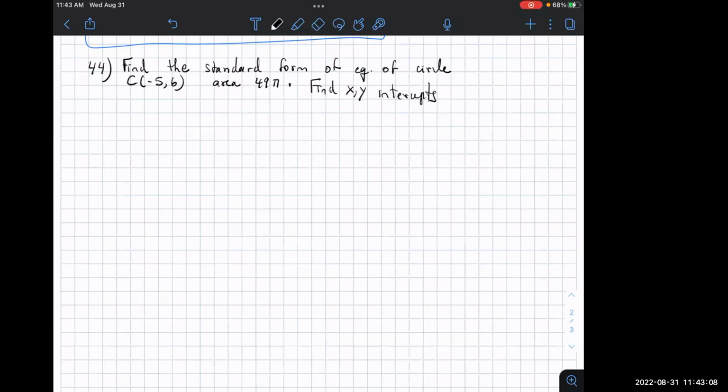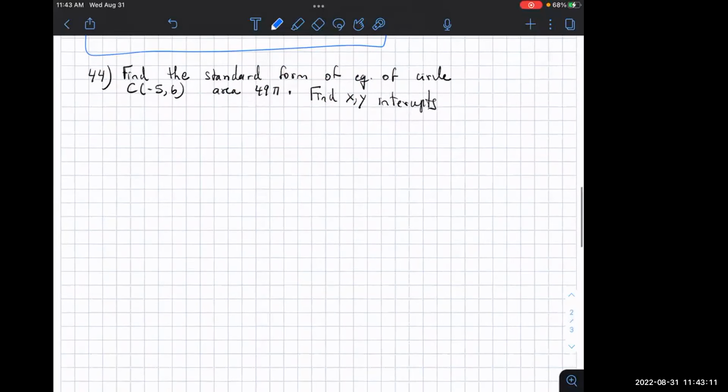Okay, so the standard form of the equation of a circle is x minus h squared plus y minus k squared equals r squared. Now here we have h and k, so the only thing we don't know is r, right? But we're given the area. What is the area of a circle? Pi r squared, right?